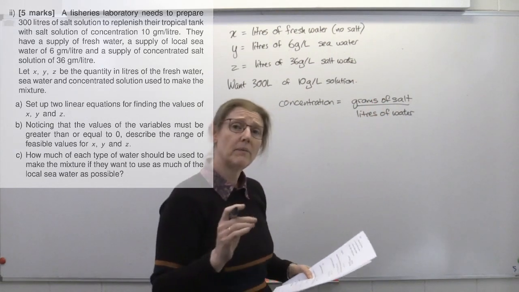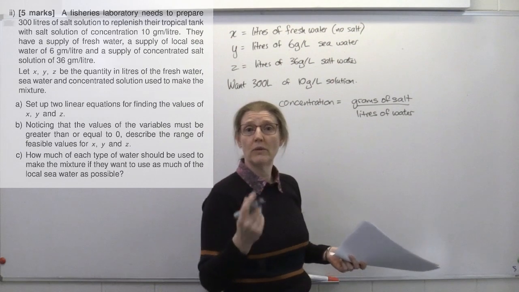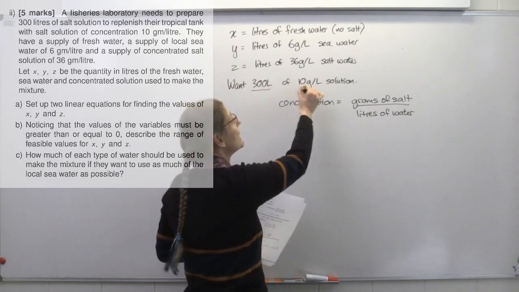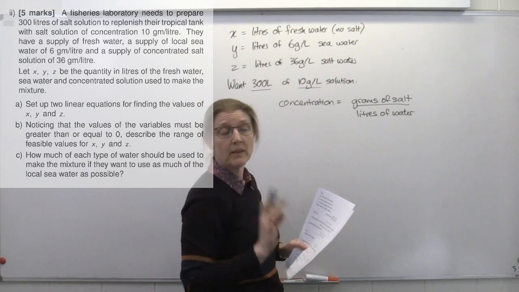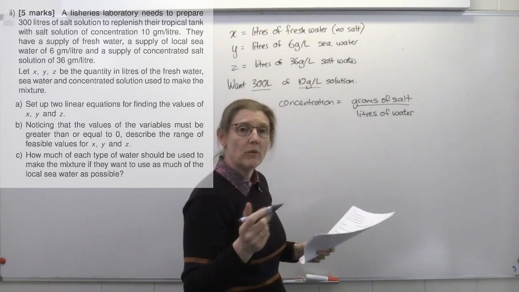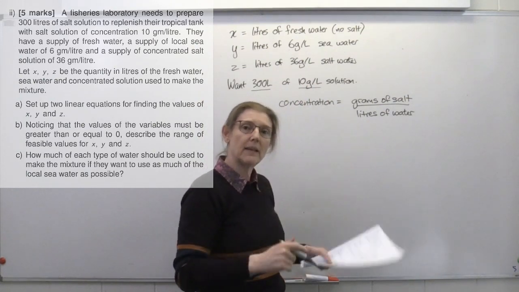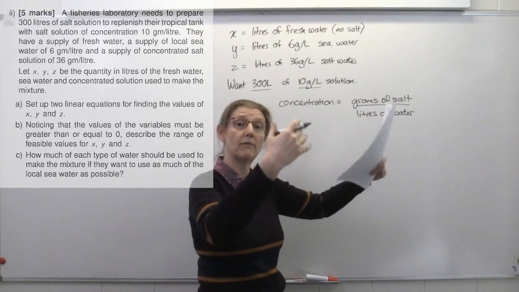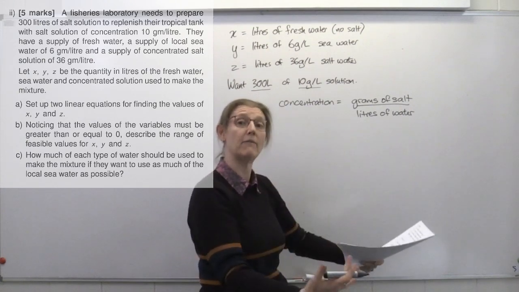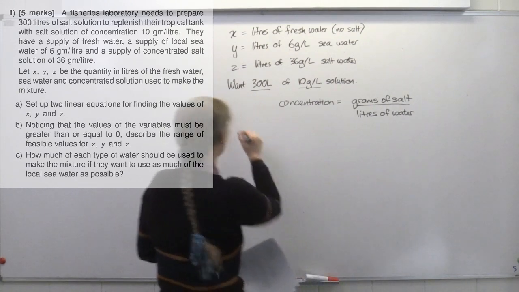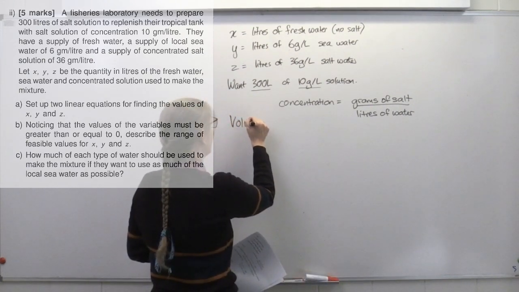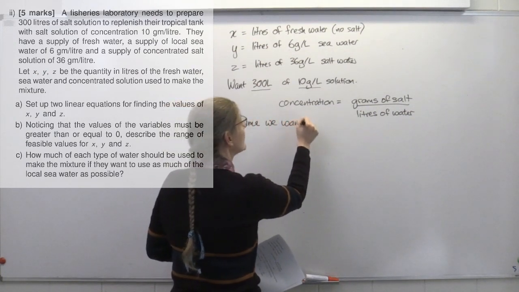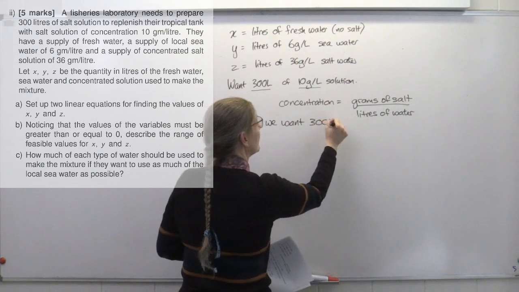Okay, so what are the two things we know that we want? We want a particular volume and we want a particular concentration. So actually, what we can break it down into is I want a particular volume and thus I need a certain amount of salt in total that's in that volume. Okay, so the volume we want, well, that's 300 litres.